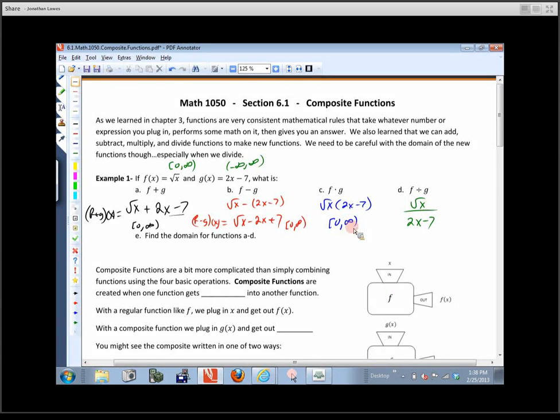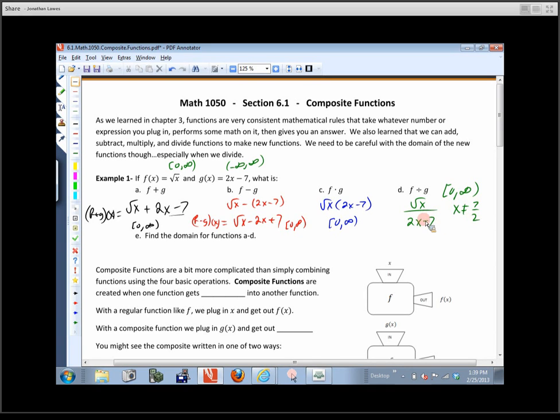What about this last one, f divided by g? Okay, say that again, Christopher. Okay, we've got to throw in another one. And why do we have to throw in that other one? By virtue of the operation, we put in a division problem there.